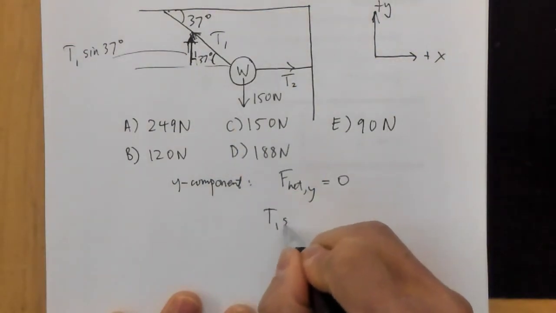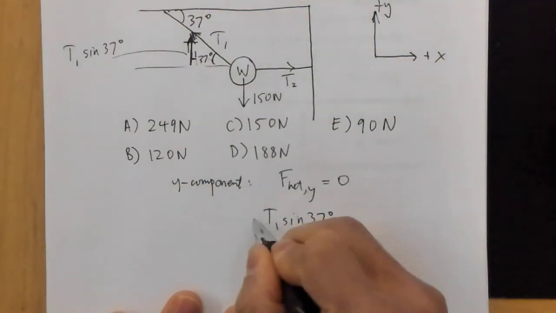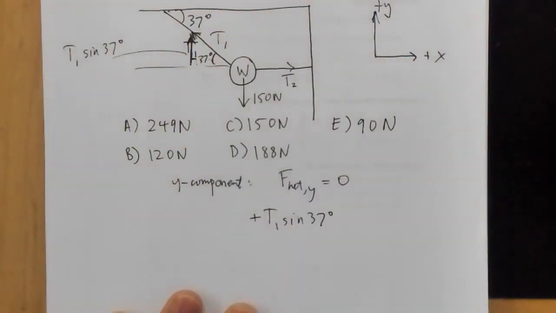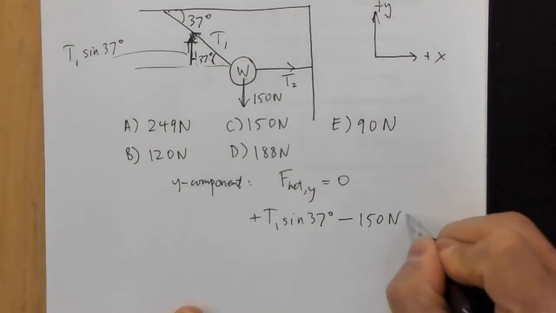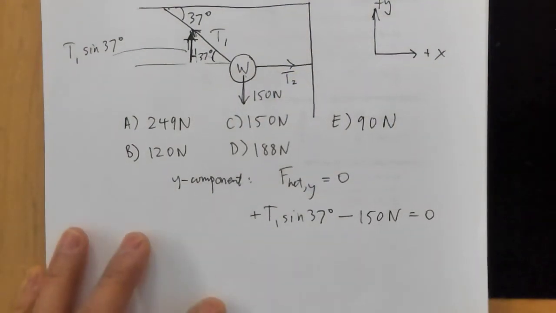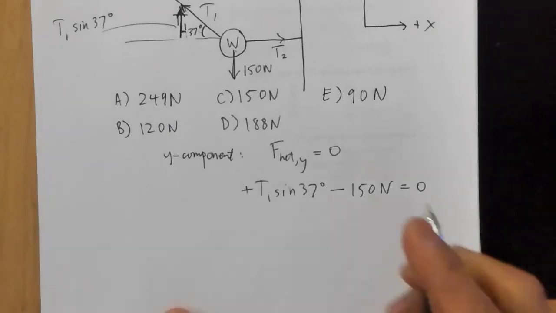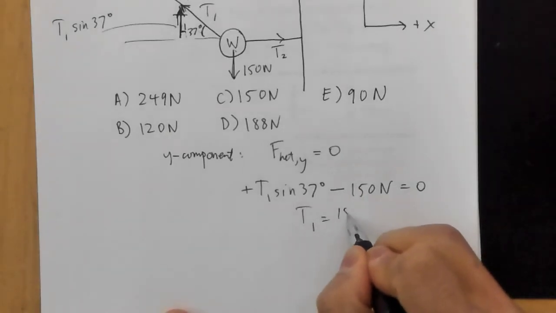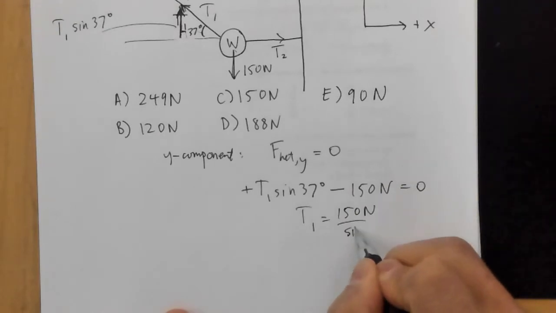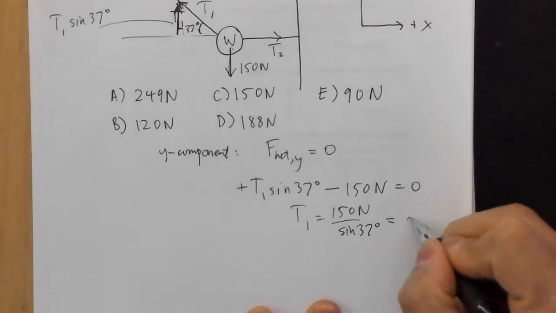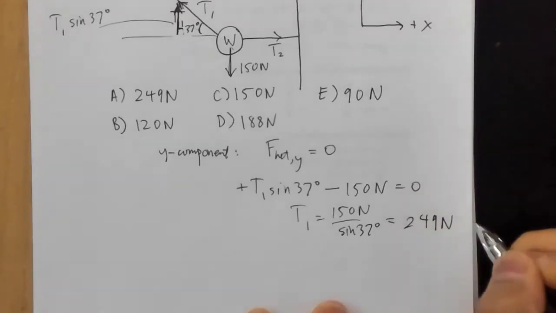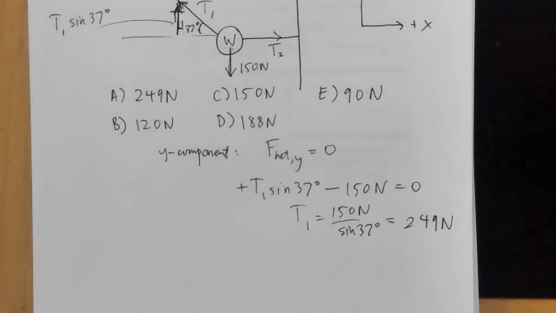So we'll have T1 sine of 37 degrees with a plus sign because it goes up, and then we have this weight going down, so minus 150 newtons equals 0. So we can just solve for T1 equals 150 newtons divided by the sine of 37. Plug that into your calculator and get 249 newtons. All right? Questions about this?